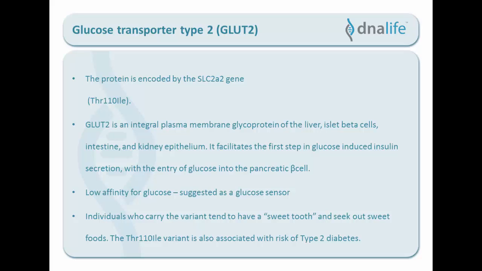It facilitates, as I said, the first step in glucose-induced insulin secretion with the entry of glucose into the pancreatic beta cell. And as you can see, there is a strong relationship here with type 2 diabetes, where you have the CT and TT variant because of this entry of glucose into these pancreatic beta cells.